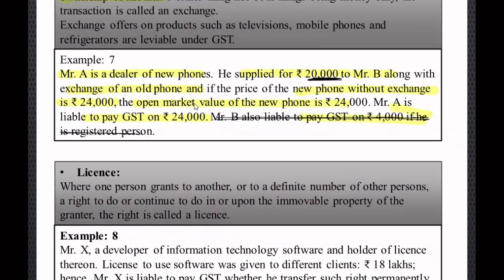He supplied a phone for 20,000 along with the exchange of an old phone, correct? So along with the old phone, he paid 20,000 as well for that new phone, and the market value of the new phone is 24,000. So what price will GST be calculated on? It will be 24,000. That's as simple as that.